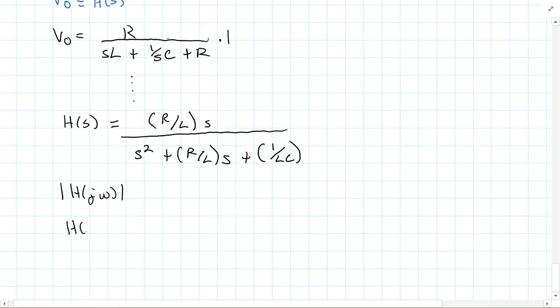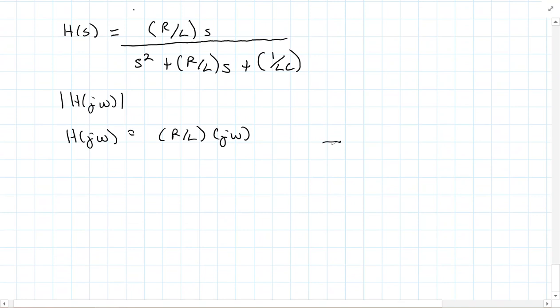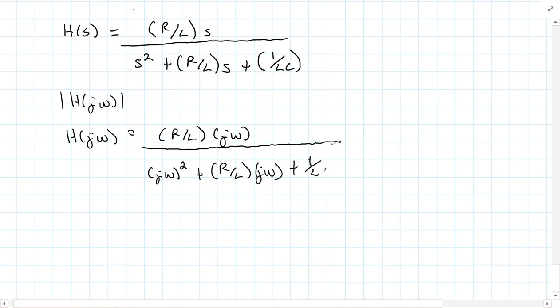We'll look at h at j omega, which is R over L times j omega, divided by j omega squared plus R over L j omega plus 1 over LC.